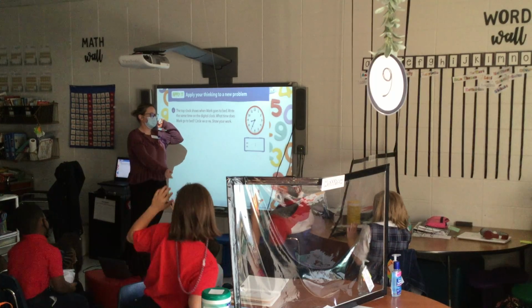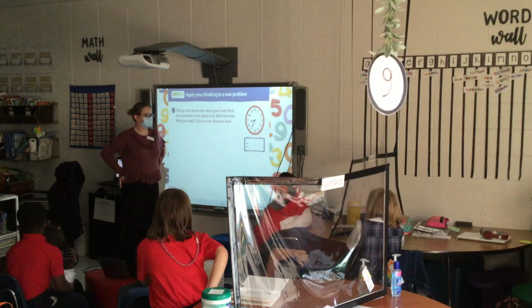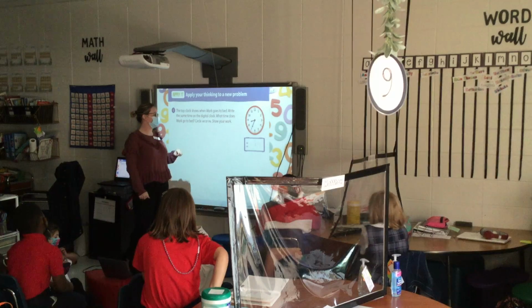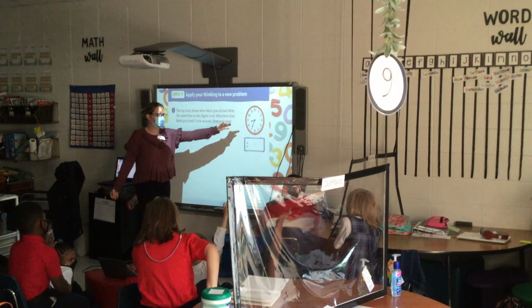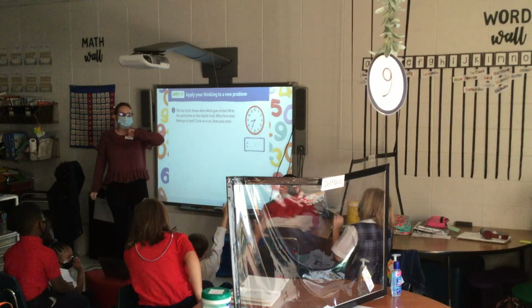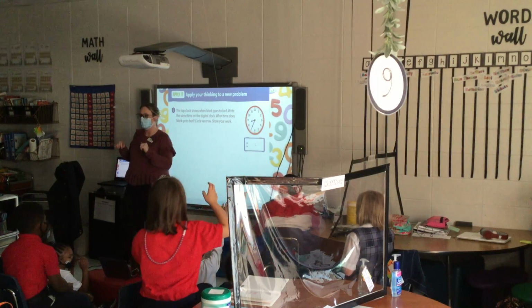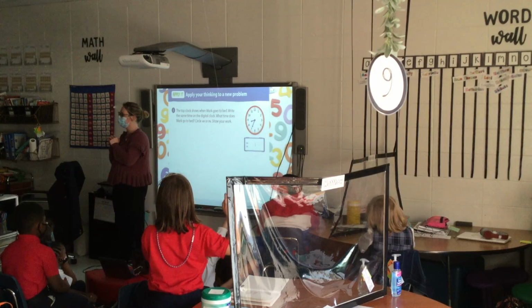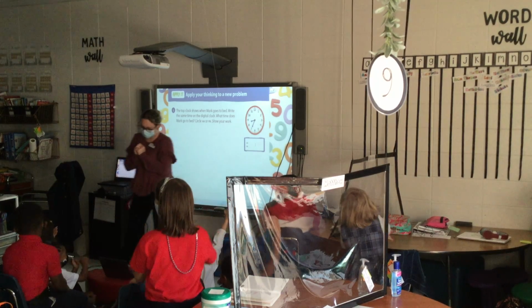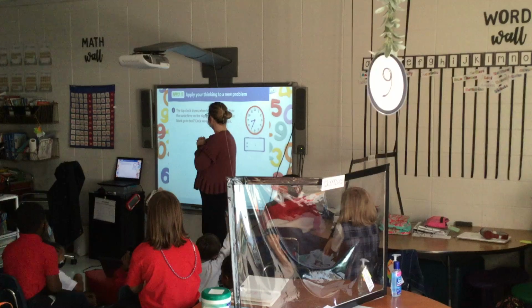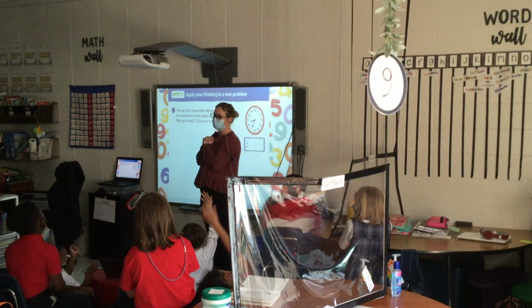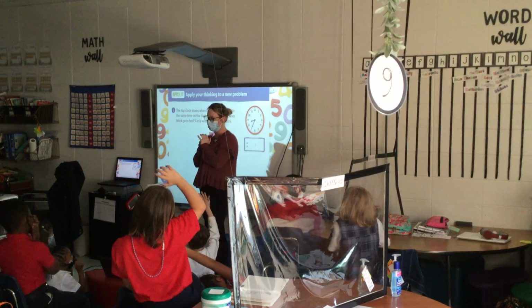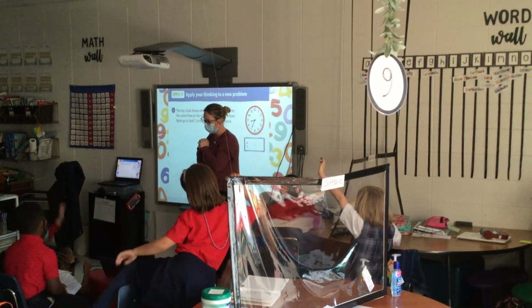What do we see, Kobe, that's important to help us solve this problem? We see the clock. We see the clock to help us with the arrows, our analog clock, exactly. And what's in this sentence that's going to be important for later, Oliver? Circle AM or PM. Okay, so we need to circle AM or PM later. What's going to help us with that? What information in our word problem is going to help us with that, Kamari?